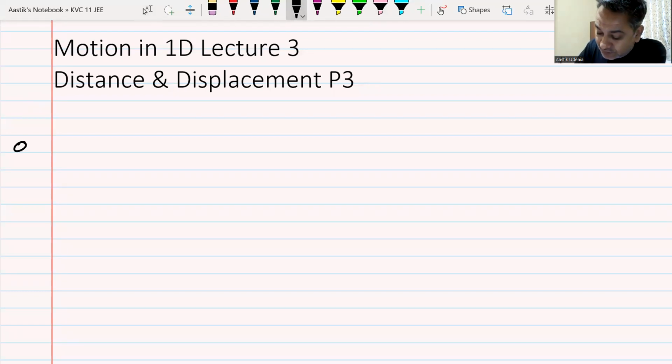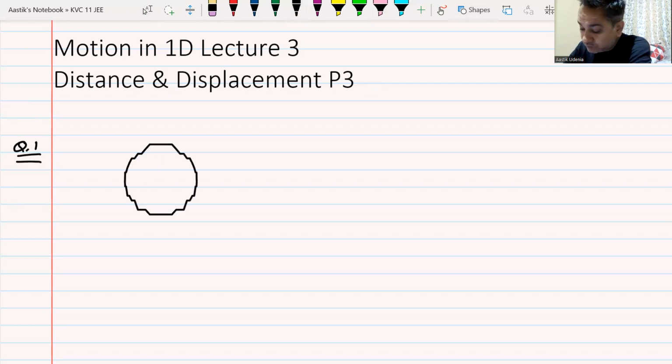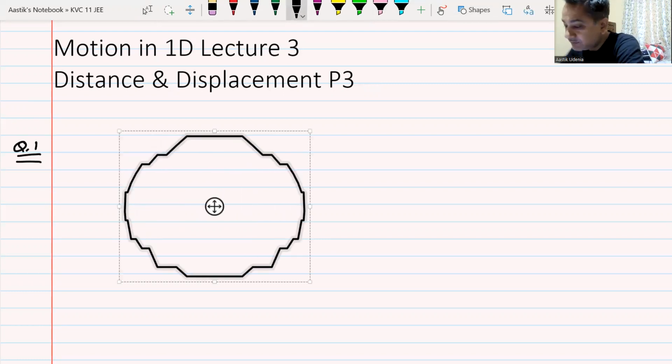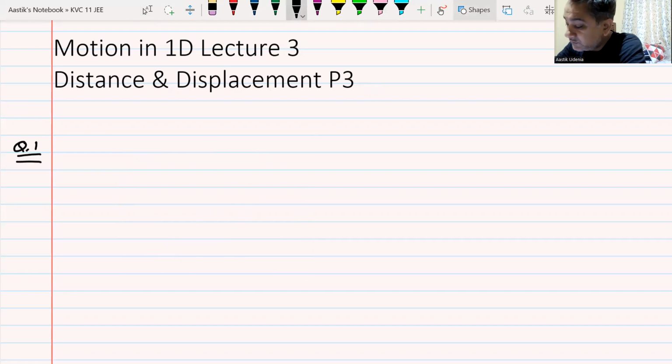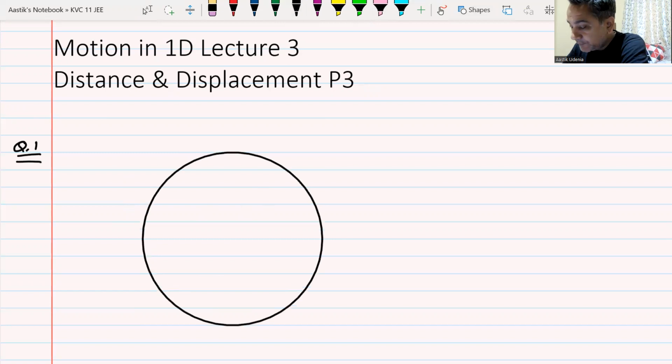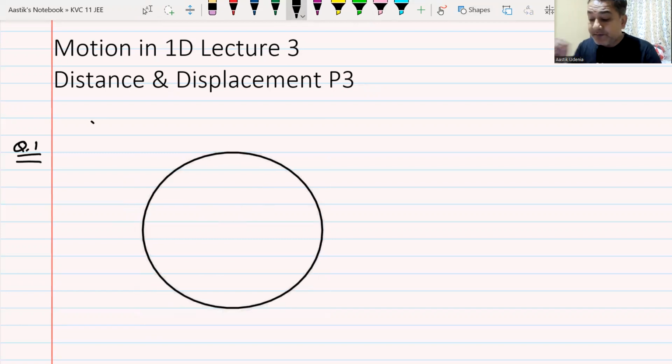To understand the concept of distance and displacement, let us do this. Remember, the name of the chapter that we are dealing with is motion in a straight line.